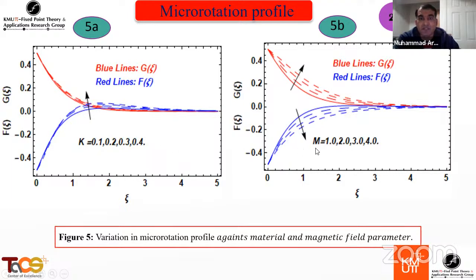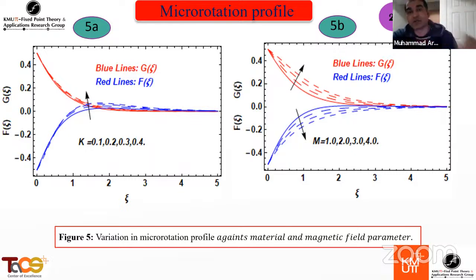In the case of the magnetic parameter, the primary accelerates while the secondary decelerates. It is due to the fact that by increasing the magnetic parameter, the magnet moves anti-clockwise. So along the x-axis it accelerates the fluid velocity, and along the y-axis it decelerates the fluid velocity.